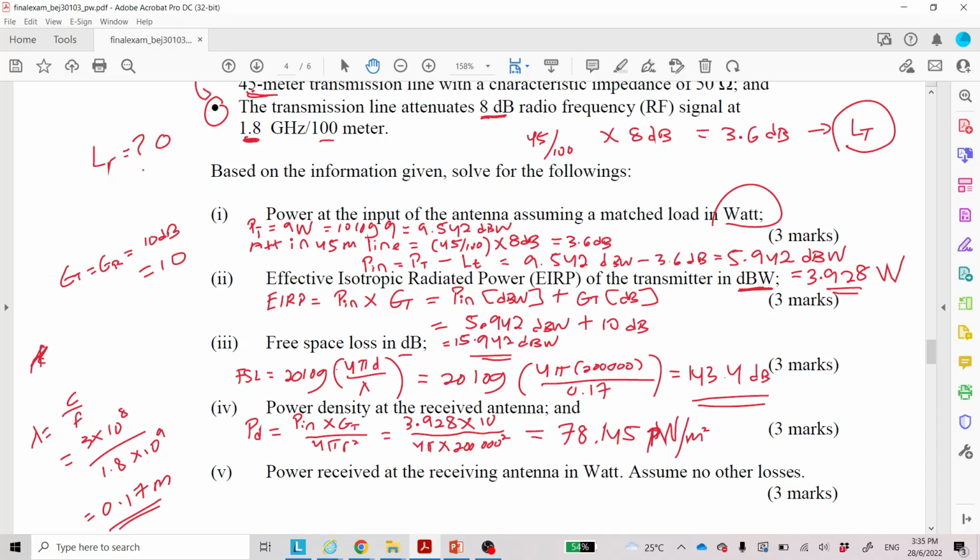So try to use a calculator: 3.928 multiplied with 10, divided by 4 pi multiplied with 200,000 squared. You're going to get 78.145 picowatt per meter square.